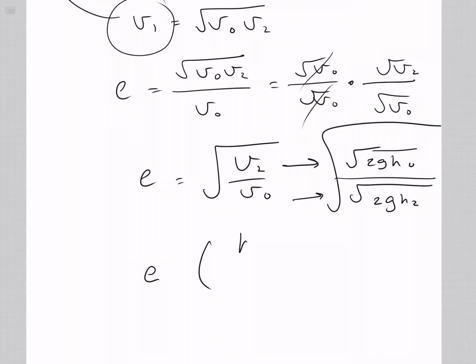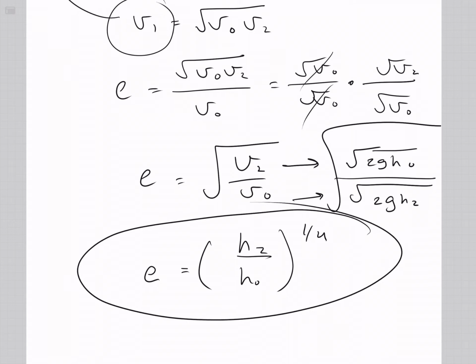So we have this equation here, which can again be simplified down to h2 over h0 by canceling the 2g, and that is to the 1/4. If you wanted to, you could substitute the h2 and h0 values in earlier so you don't have to do this mathematical simplification, but you find the relationship of the coefficient of restitution given h2 and h0.